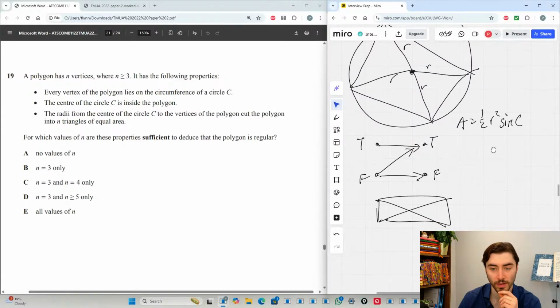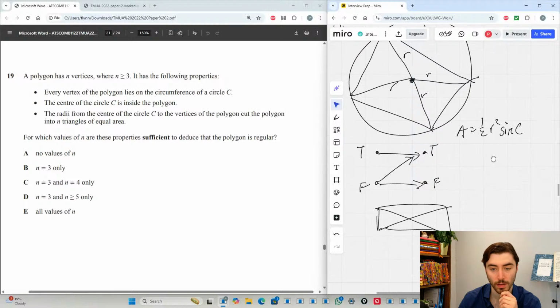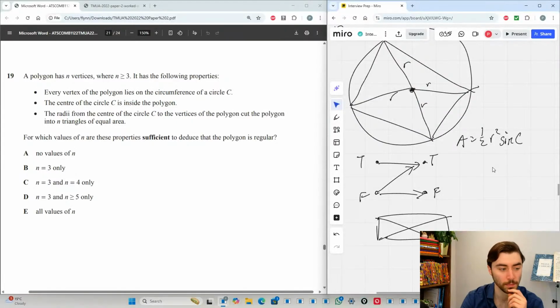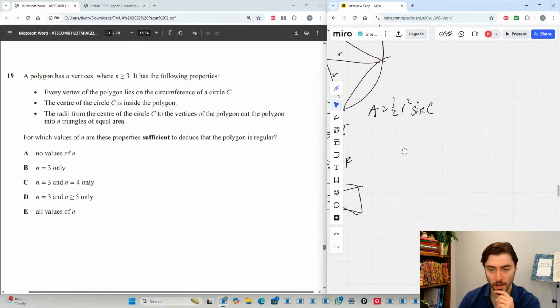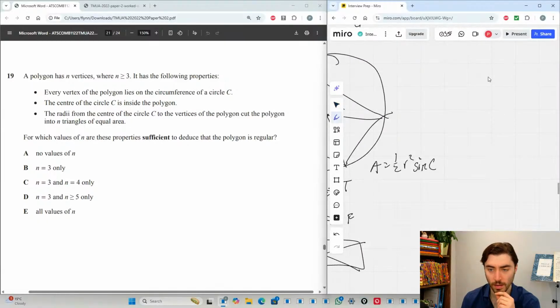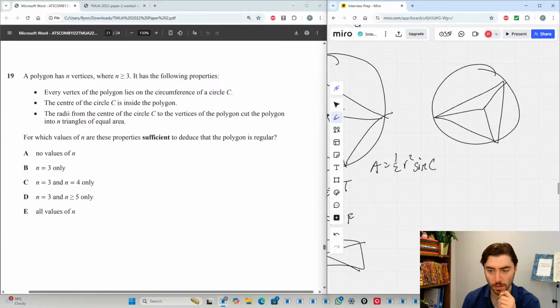Is it true for 5? Okay, so is it true for 3? Let's start there. So if 3, can I construct, I think if the center is in the middle, can that be done?